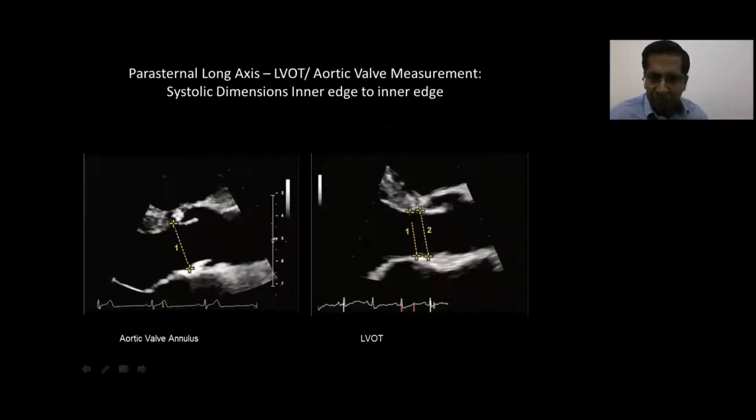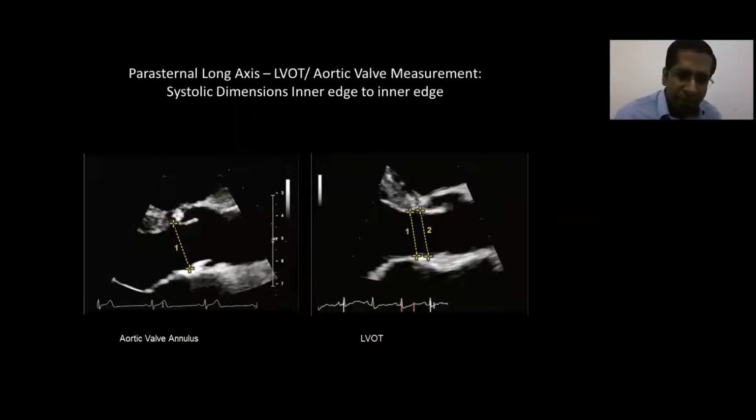And they have also shown that about 5 millimeters or so below the level of the aortic annulus, you can take your LVOT measurement. However, in practice in our lab, as is the case in many other labs, we take the measurements for aortic annulus, and I mean the LVOT also, at the level of the aortic annulus itself.